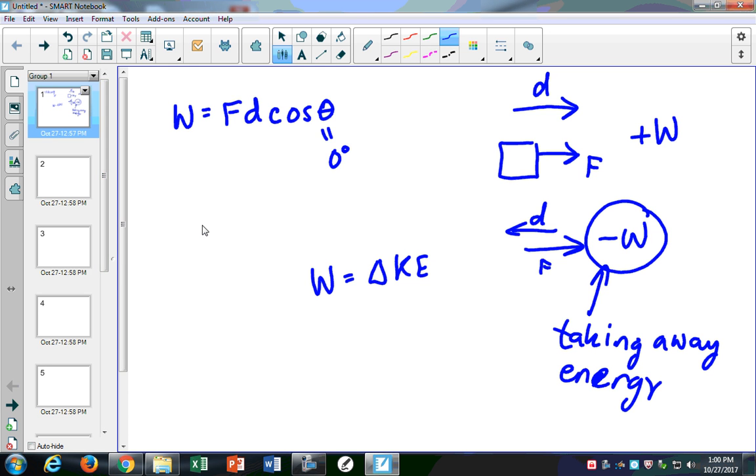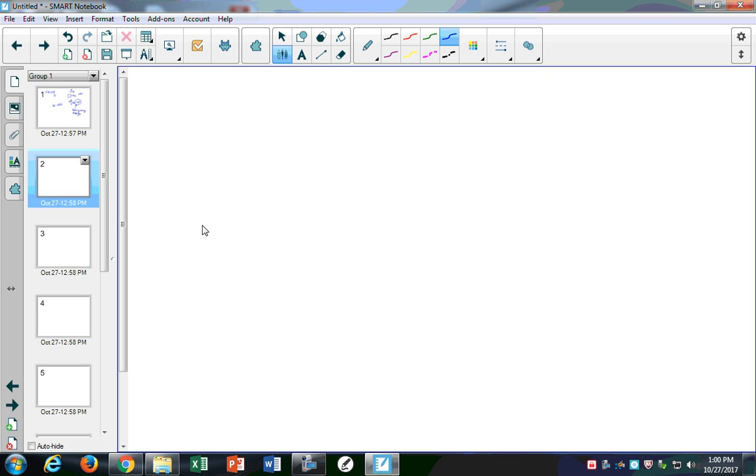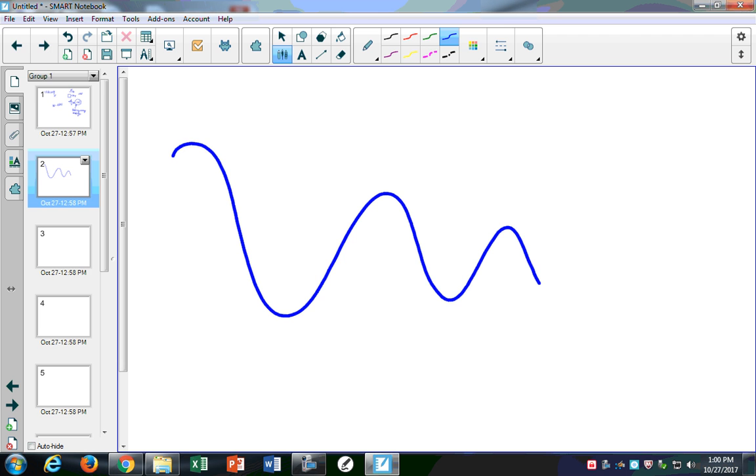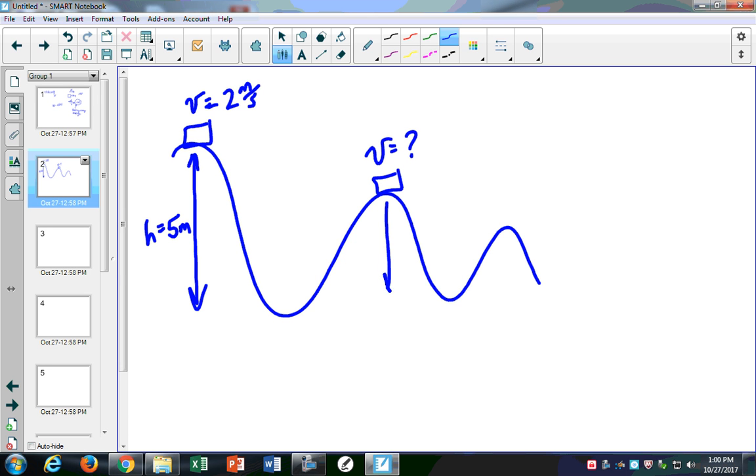So that's one thing, work, and then the work-energy theorem. The other thing is systems like the roller coaster problem, where an object has a certain velocity up here, say 2 meters per second, and I ask you what the velocity is at other places along the path. We'll work some problems from old tests. I would give you the initial velocity and the initial height, say 5 meters, and then ask for the speed over here at a height of 2 meters.